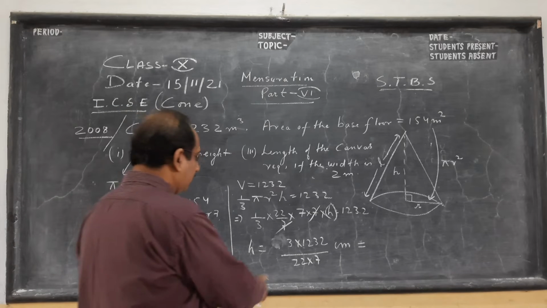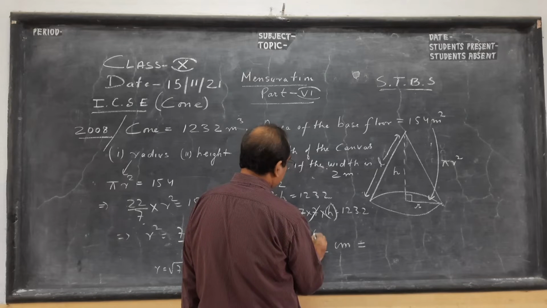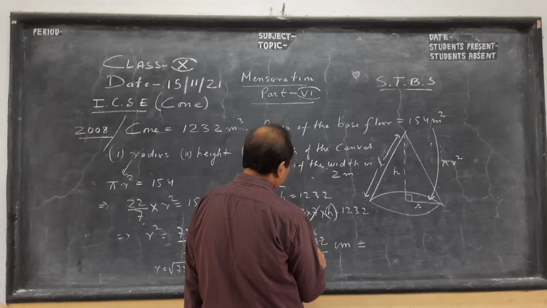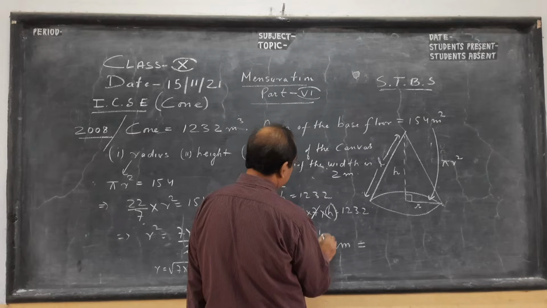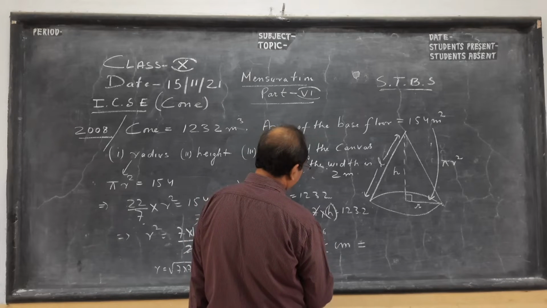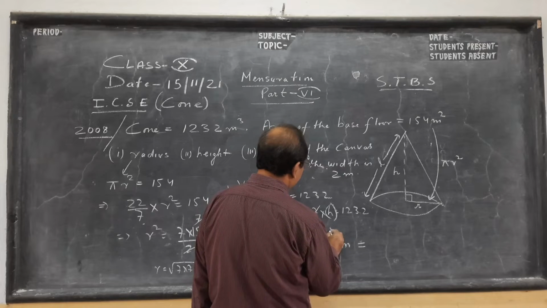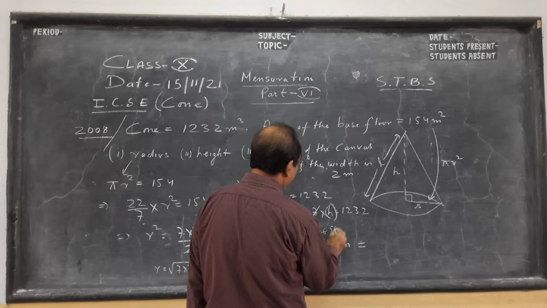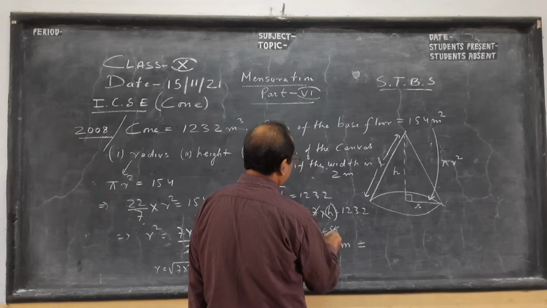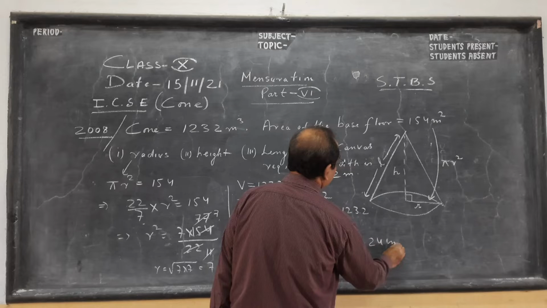You can cancel very easily with 2. 11 5s are 55, 7 8s are 56. So we get 24 centimeter.